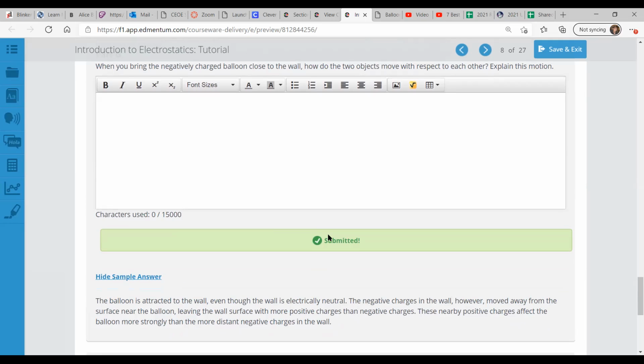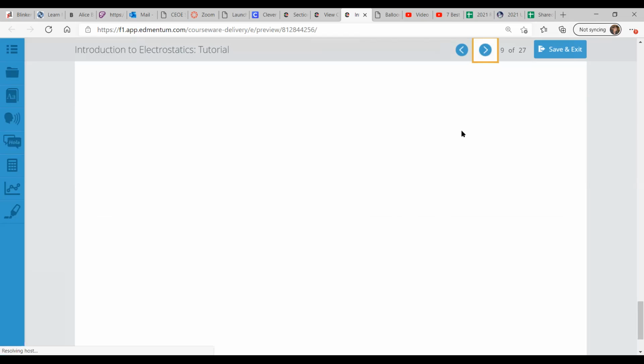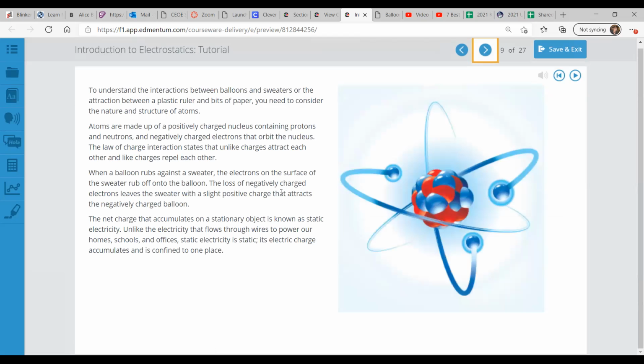These nearby positive charges affect the balloon more strongly than the more distant negative charges in the wall. And that's the end of that little lesson activity.